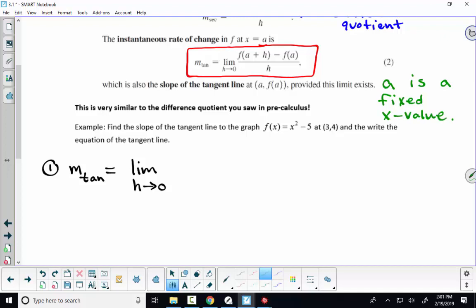If we say x, then x is here on this line, but once we say a, it's specifically here. It's at a specific location. f of a plus h. So f evaluated at 3 plus h, minus f of a, all over h.